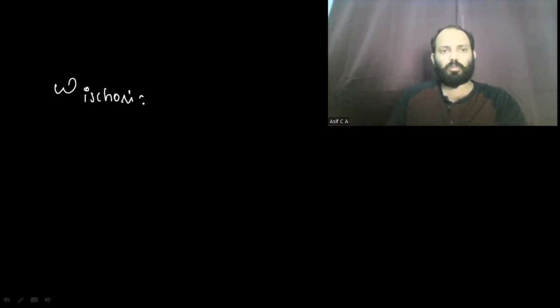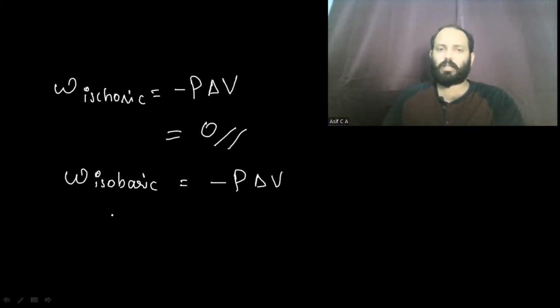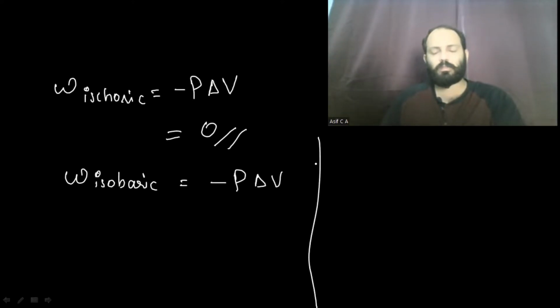Now work done in an isochoric process. In the isochoric process, it is minus P delta V. So isochoric means constant volume, change in volume is 0, so work done in isochoric will be 0. Work done in an isobaric process will be minus P external into delta V. Now, what happens in free expansion?